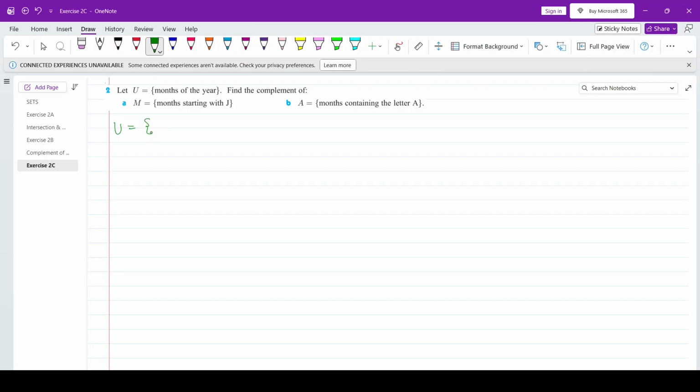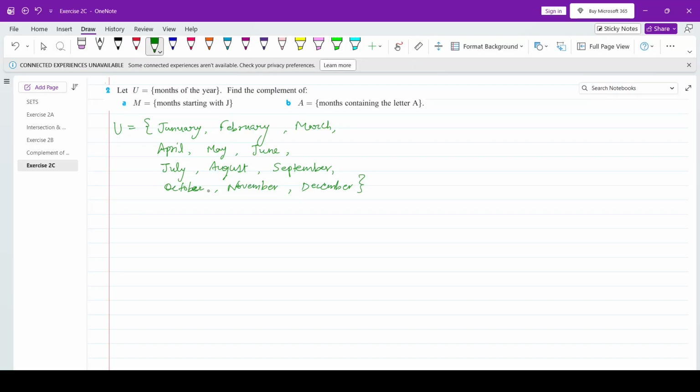So U will be January, February, March, April, May, June, July, August, September, October, November, and December. So this is our universal set.